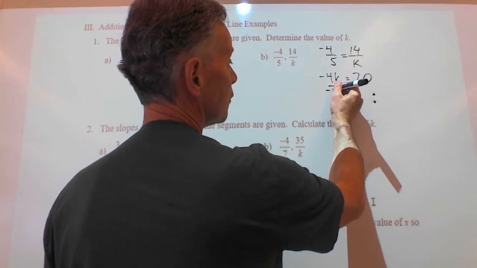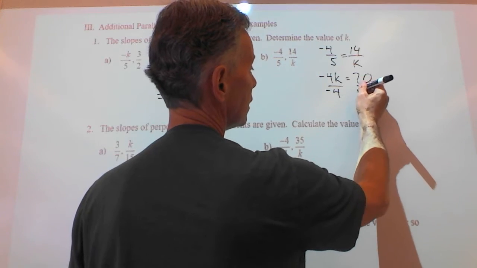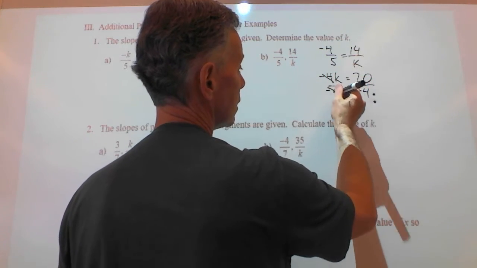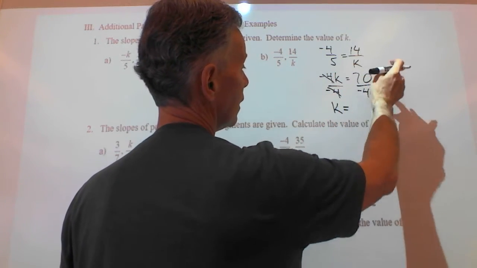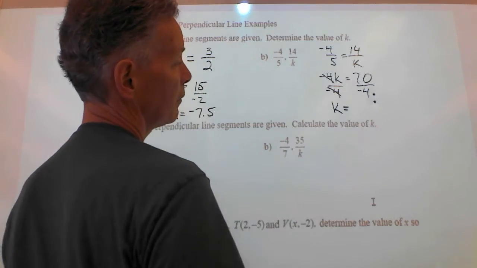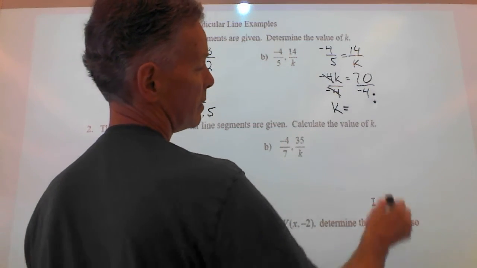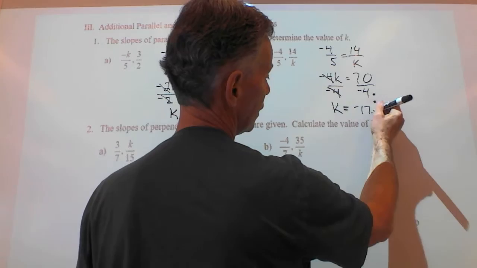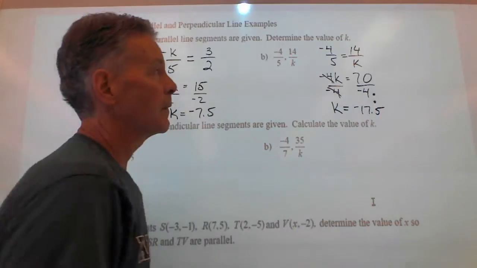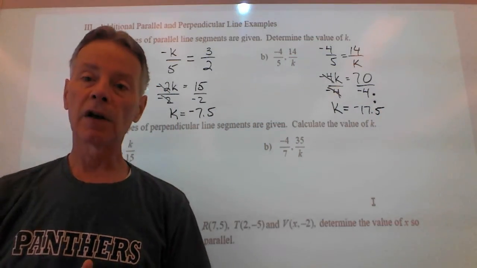Divide through by negative 4 to isolate k. That gives us k on the left. And 70 divided by negative 4 is what? Negative 17.5. Okay? So our value for k is negative 17.5.